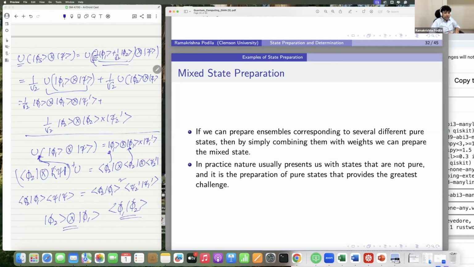And so in the first lecture and up till now, what we have focused on is state preparation. The no cloning theorem is also being discussed as a part of state preparation, because if I can prepare one state and am able to copy it, then I can prepare as many states as I want, right? But because cloning is not possible, I cannot prepare one state and just simply copy it.